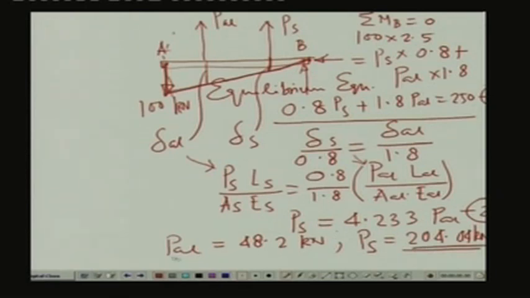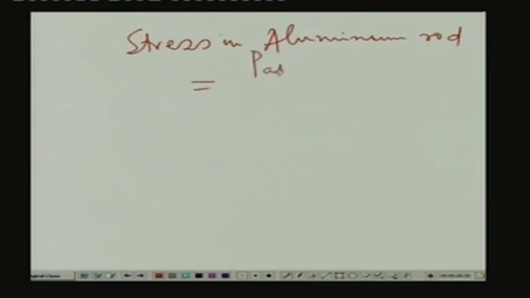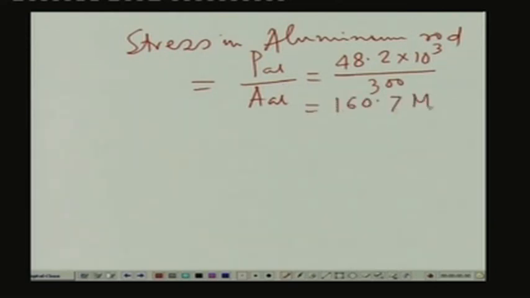So, these are the forces acting in these two rods, and once we know the forces, then we can find the stresses. The stress in the aluminum rod equals P aluminum by A aluminum, the cross sectional area of aluminum, which equals 48.2 times 10 to the power 3 Newton, divided by 300, and this eventually comes as 160.7 MPa.